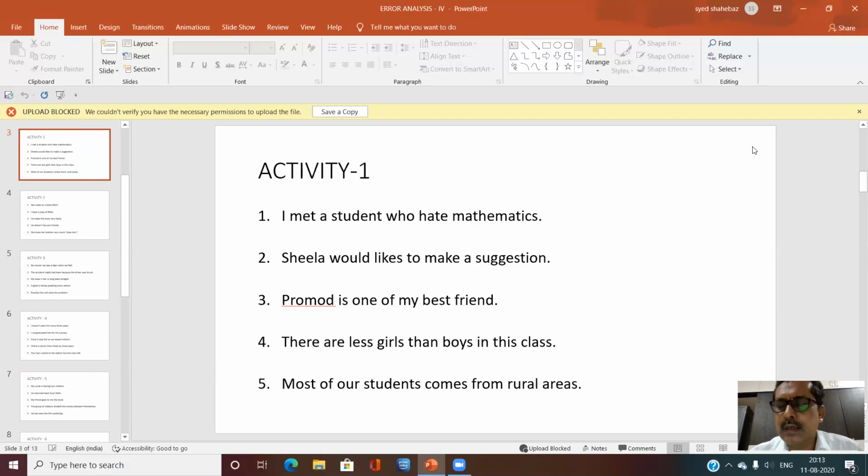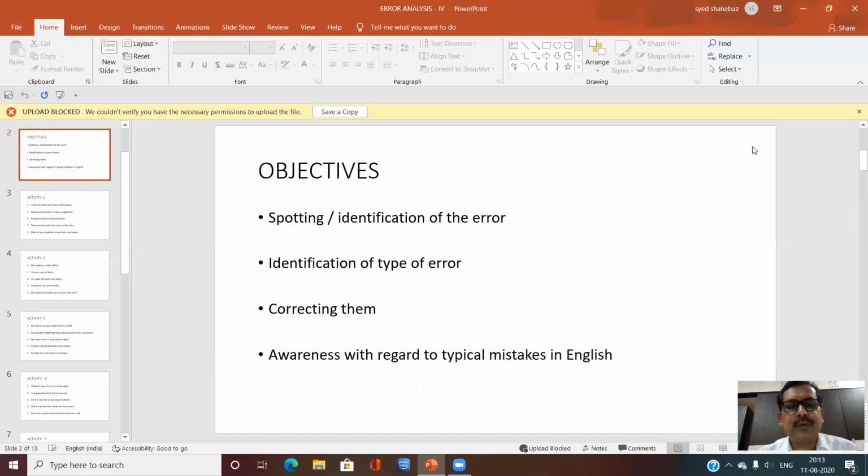So these are the typical mistakes. We identified the mistake, we identified the type of mistake, category of mistake, whether the mistake is in the use of adjective, whether the mistake is in the sentence construction, and we corrected them with proper supporting grammatical explanation.